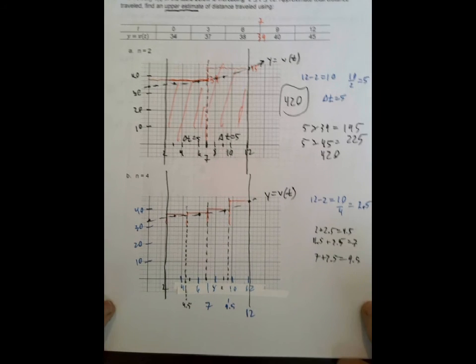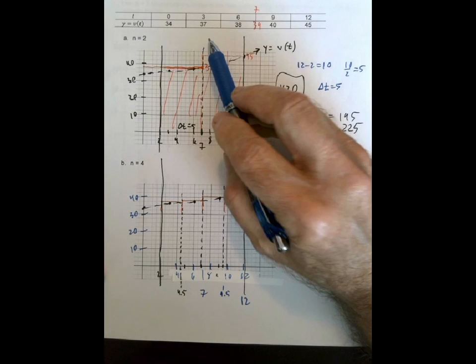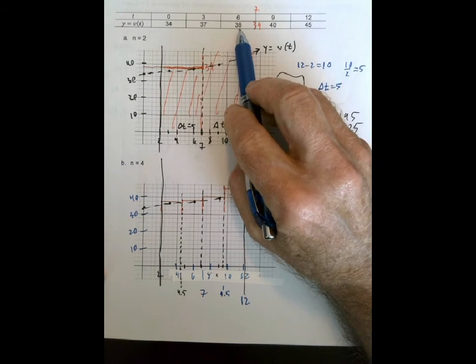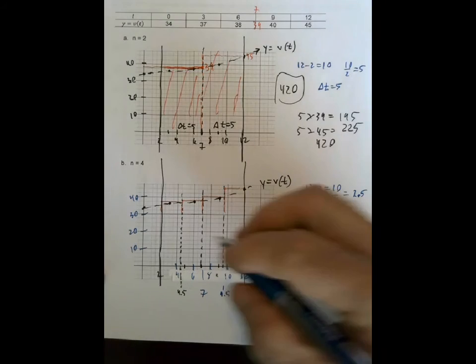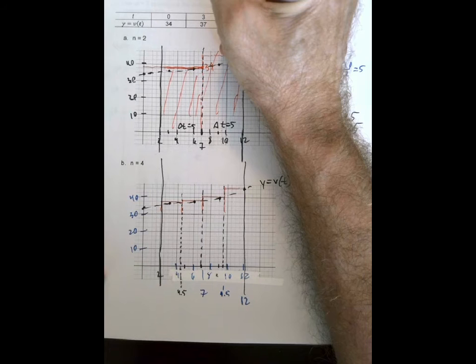Those will give us the heights of our rectangles. Well, at 4.5, we're just going to estimate from the graph. It's somewhere between 37 and 38, so let's call it 37.5, which gives us the roundest number that we can.